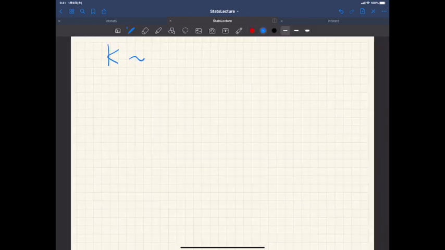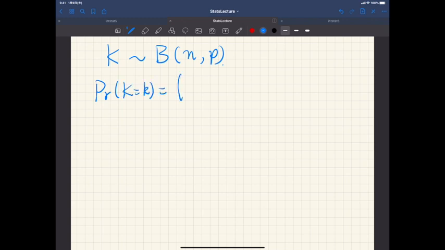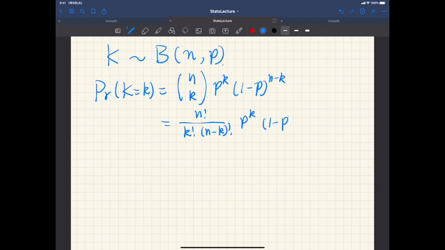So suppose k follows binomial distribution with parameters n and p. So the probability mass function is given by n choose k, p to the power of k, 1 minus p to the n minus k. That is just n factorial over k factorial, n minus k factorial, times p^k (1 minus p)^(n minus k).